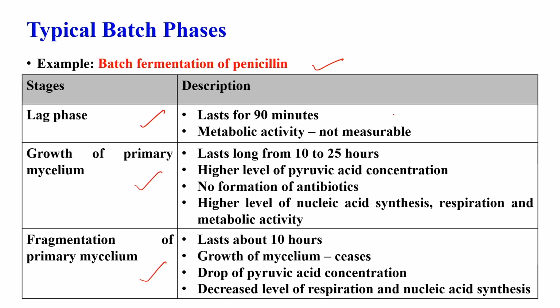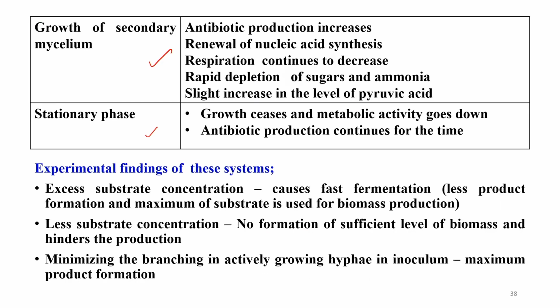The lag phase varies, typically about 90 minutes, then growth of primary mycelium is 10 to 25 hours, then the third phase, fragmentation of primary mycelium, about 10 hours, then growth of secondary mycelium, where antibiotic production increases, followed by the stationary phase.